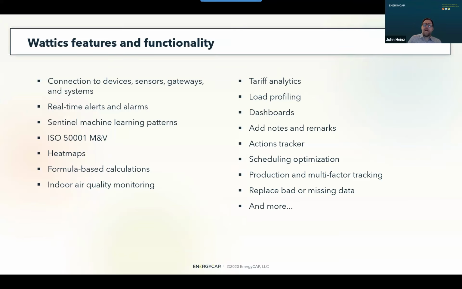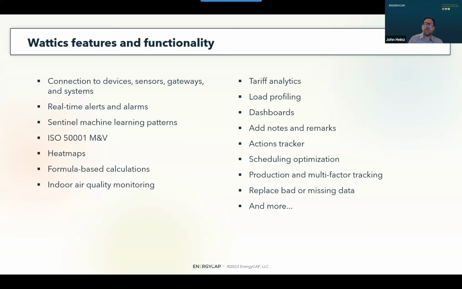There's the ISO 50001 measurement verification of savings compliance. This would be your option C and even option B, which I was talking about earlier, retrofit isolation protocols to help you verify savings. There's heat mapping, so it helps you better understand your consumption patterns and behavior.